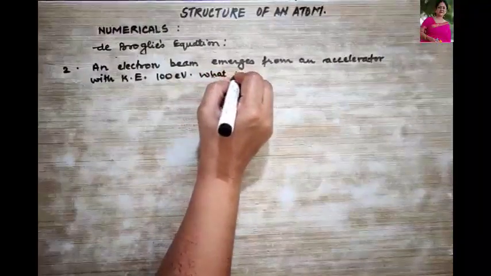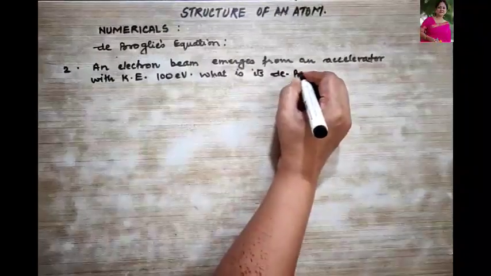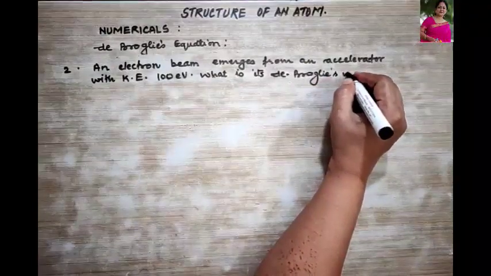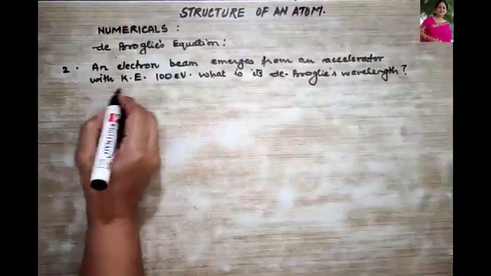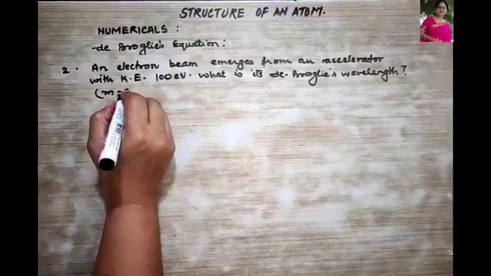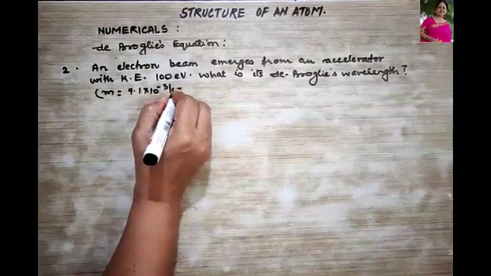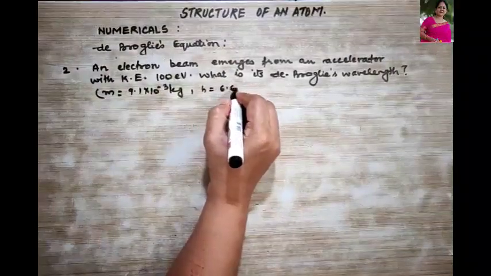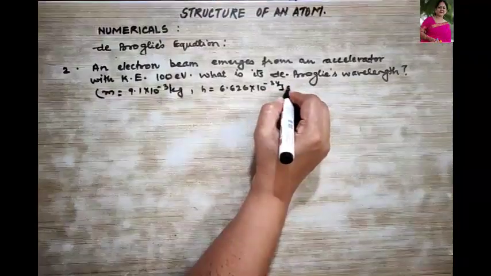Okay, what is its de Broglie's wavelength? In the question it also gives the mass of electron, which is 9.1 into 10 to the power minus 31 kg. Okay, then your Planck's constant we already know, 6.626 into 10 to the power minus 34 joules second.